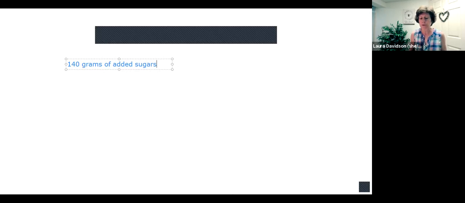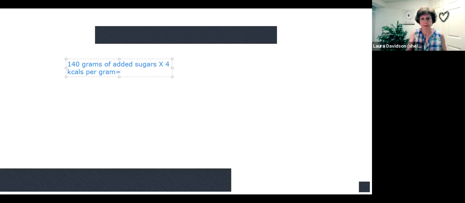So the first thing we have to do for this math is to convert the added sugar to calories from added sugar. And we use that 4 kcals per gram.